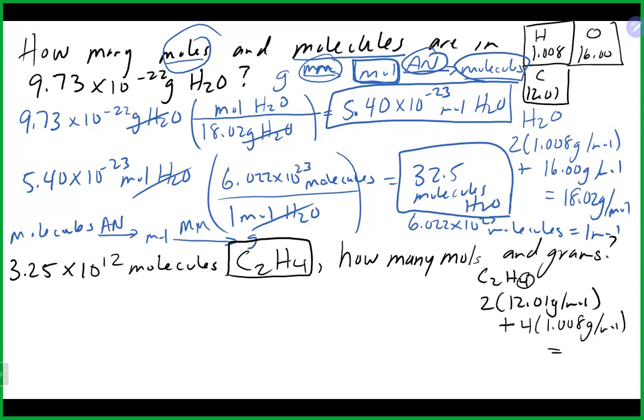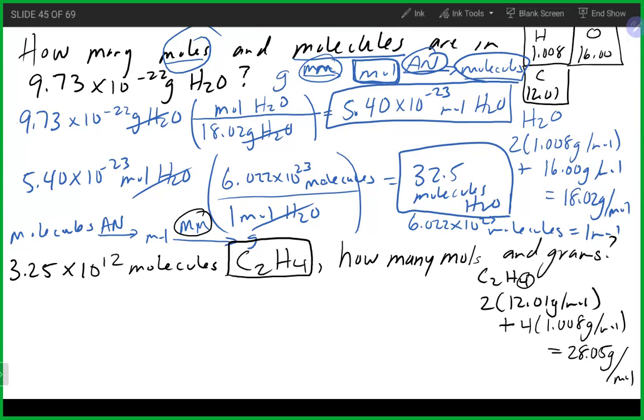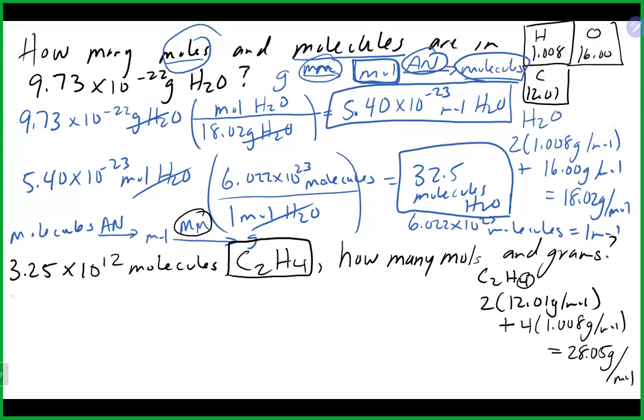And that will give us a molar mass of this guy of 28.05 grams per 1 mole for this particular compound. And again, on the back end, we're going to need to use that. But here we'll start with the front part of the calculation. So we have 3.25 times 10 to the 12 molecules of C2H4. We'll use our Avogadro's relationship just like above.